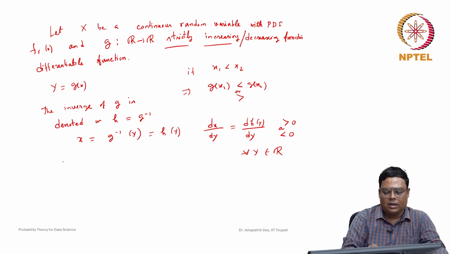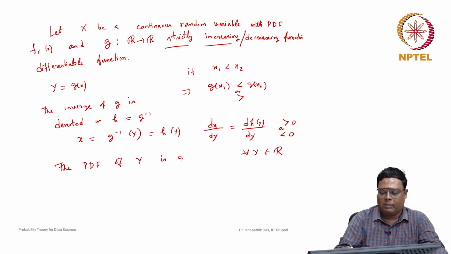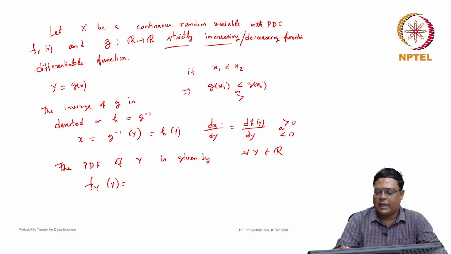In that case, the probability density function of Y is given by this relationship: f_Y(y) will be, because dx/dy is either greater than 0 or less than 0, we just take the absolute value of dx/dy, whatever the value, the positive value we will consider for all y, times f_X(x), where x is nothing but h of y.